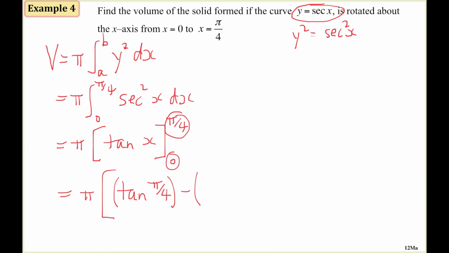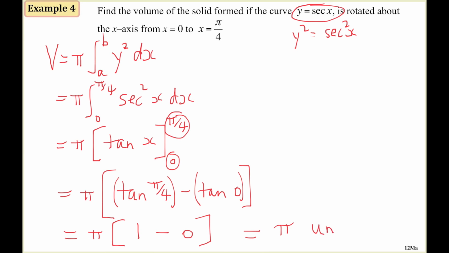Now x is replaced with 0, which becomes pi. Now the tan of pi on 4 is a tan of 45, which is 1. The tan of 0 is 0. Try it on your calculator. So you end up with pi units cubed, because it's a volume.